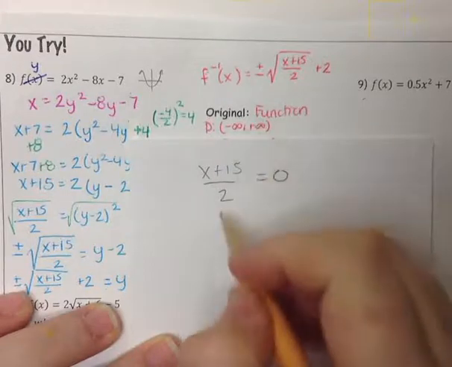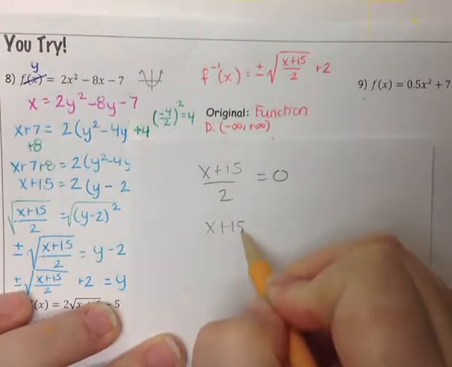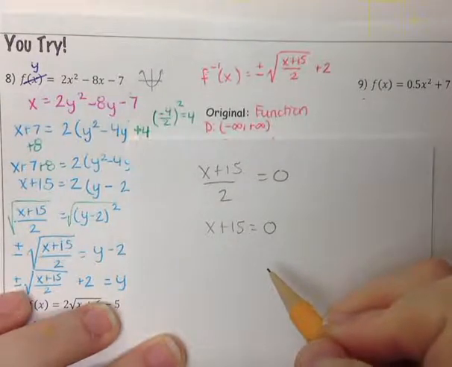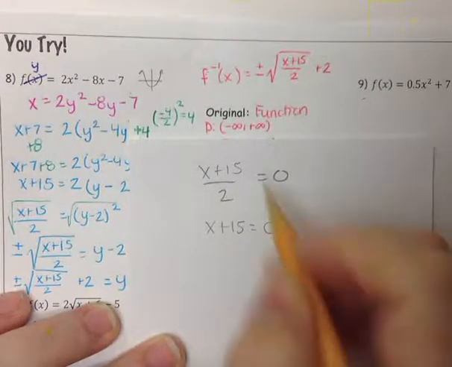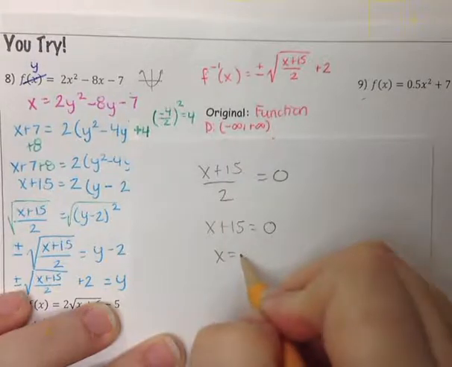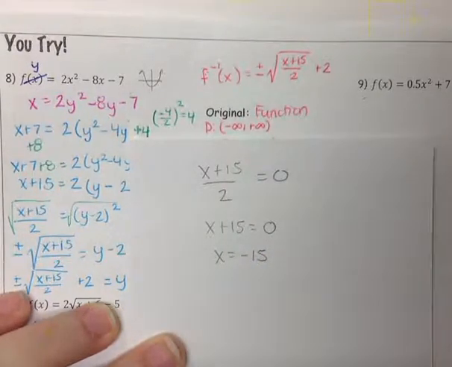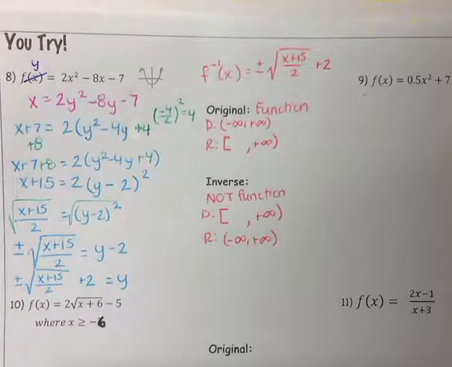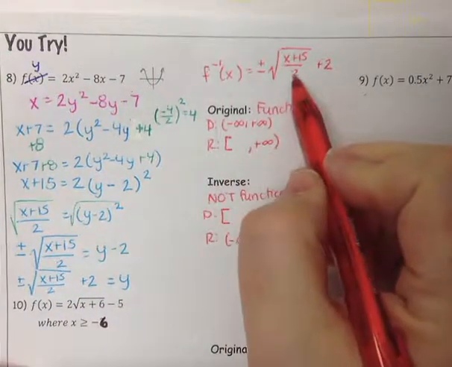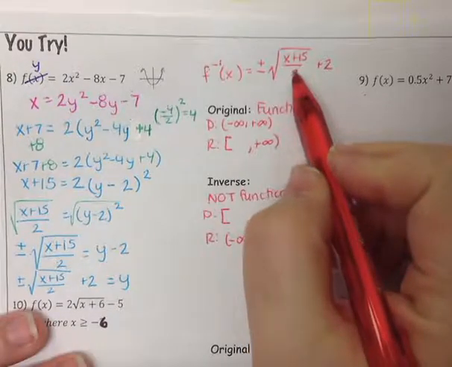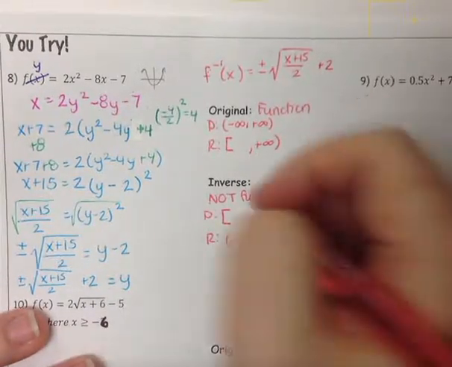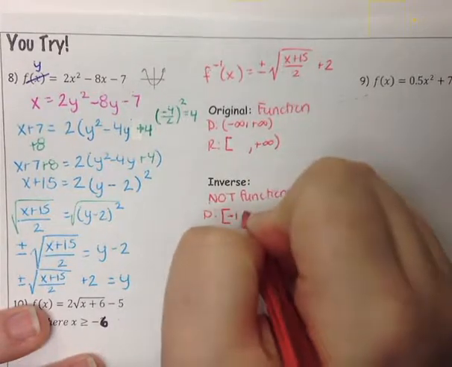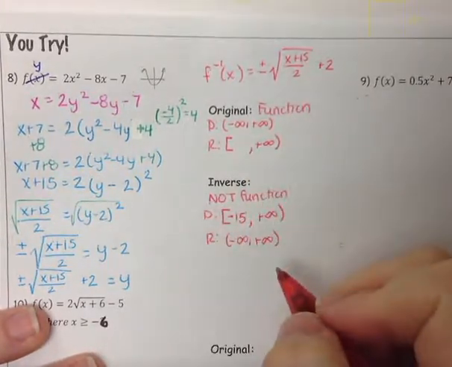So we multiply by 2, which gives us x plus 15 is equal to 2 times 0, which is still just 0. Then we subtract the 15, so x would be equal to negative 15. That is actually our h value. H is negative 15. That 2 in the denominator did not affect anything because we had to multiply the 0 by that 2. So the domain for this equation would be negative 15 going off to positive infinity.